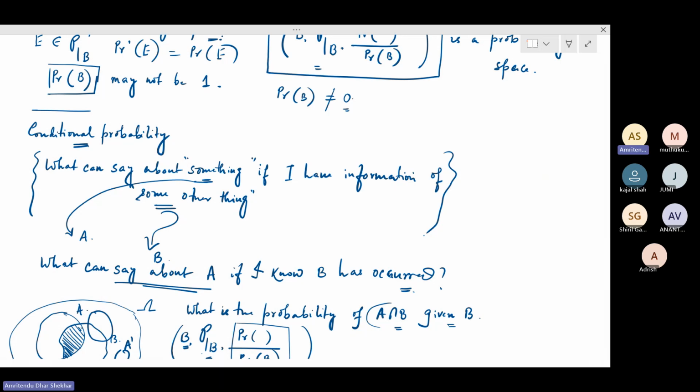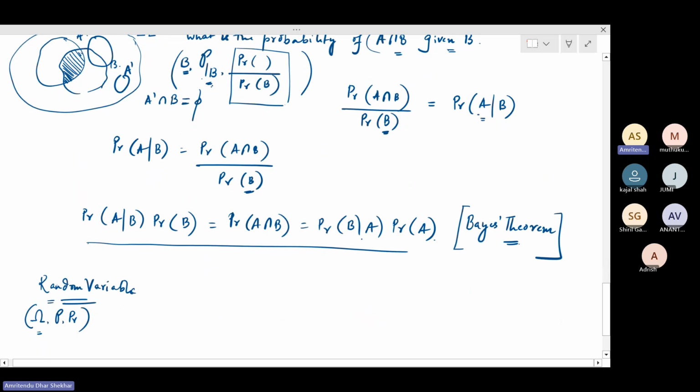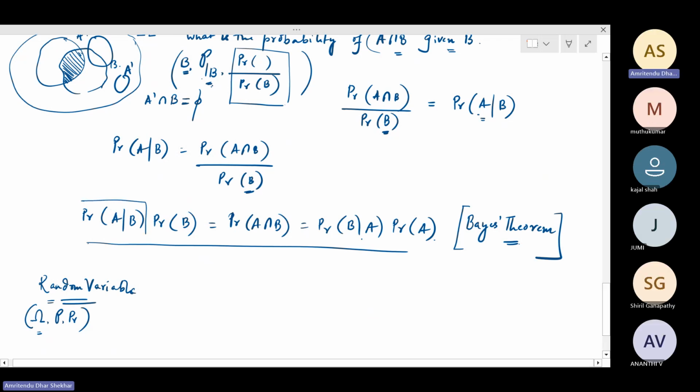So what Bayes theorem allows you to do is that oftentimes one of these quantities is known to you. So probability of A given B may actually be known to you.